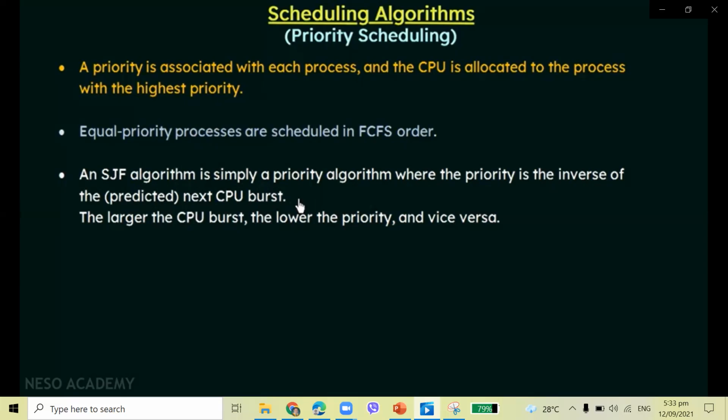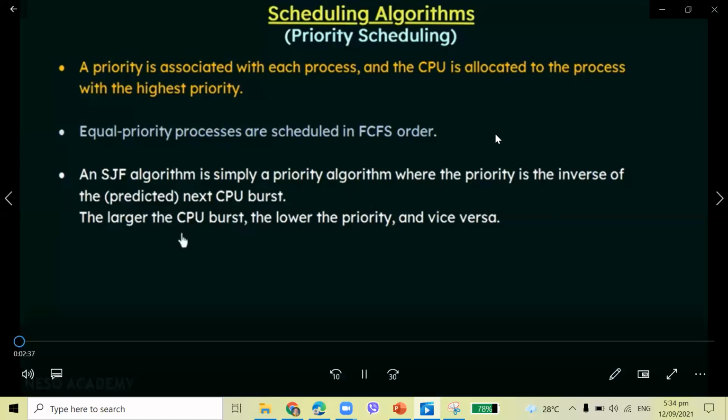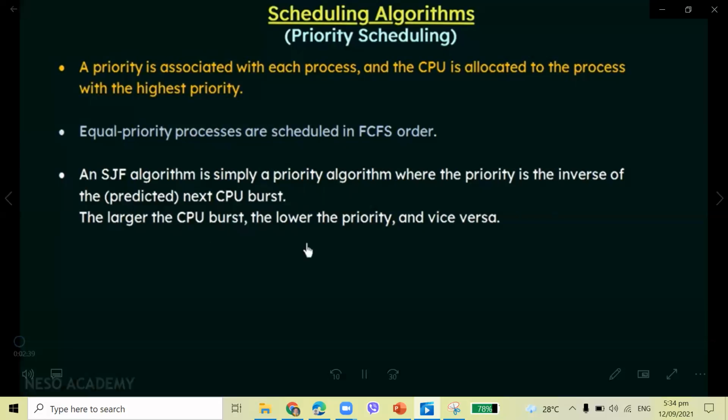So we can say that the predicted next CPU burst is the factor that determines the priority of this scheduling algorithm. What do we mean by the sentence, priority is the inverse of the predicted next CPU burst? We say this because the larger the CPU burst, the lower the priority, because a process having the shortest CPU burst will be the first one to get the CPU.